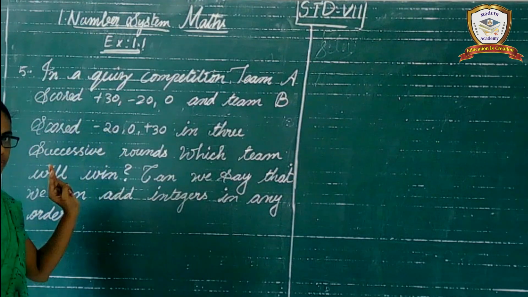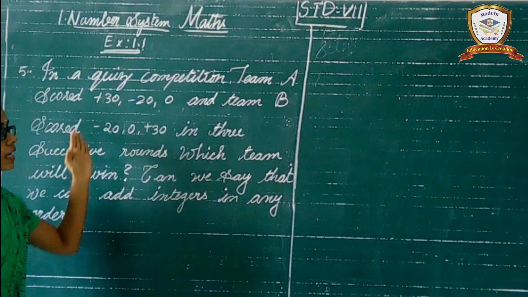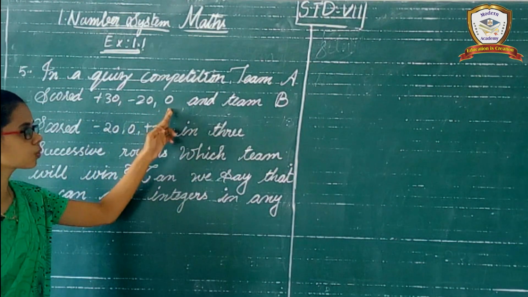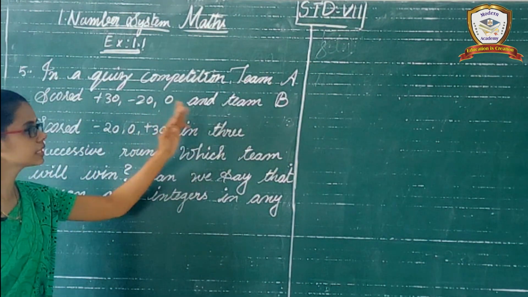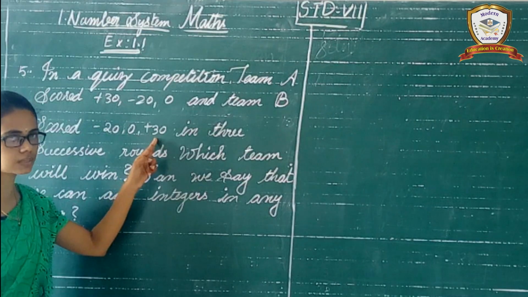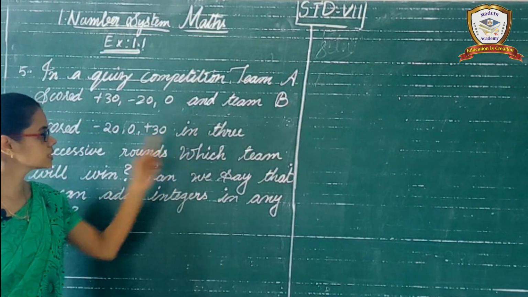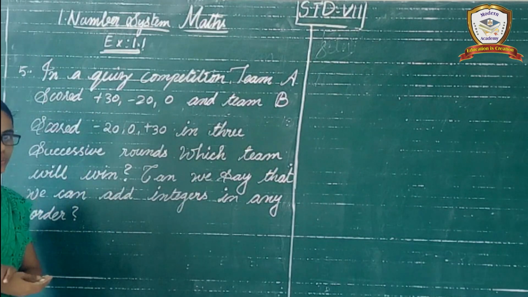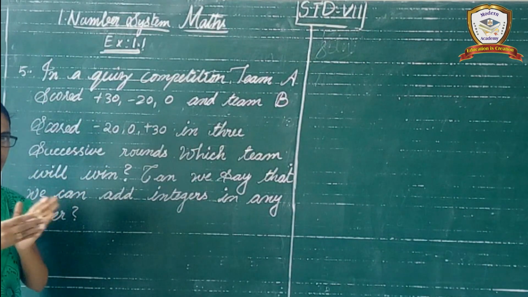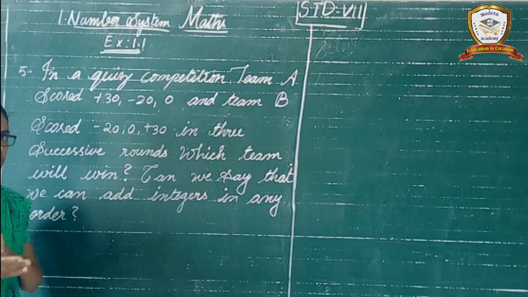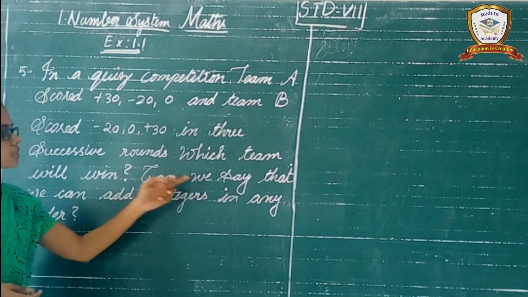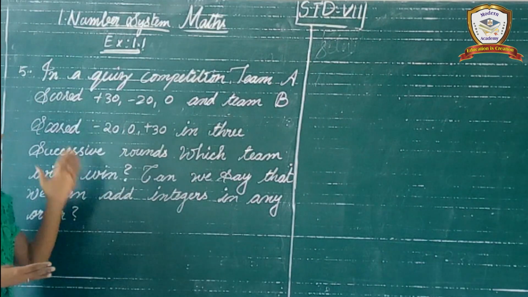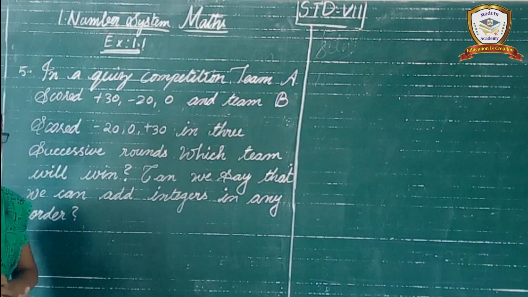Next, team A scored minus 20 in the second round and team B scored 0 for the second round. And next, in the third round, team A scored 0 and team B scored plus 30. In 3 successive rounds, successive rounds means next round. So which team will win this quiz competition?